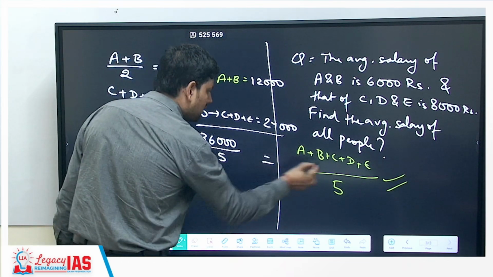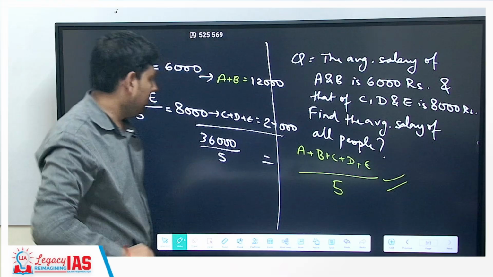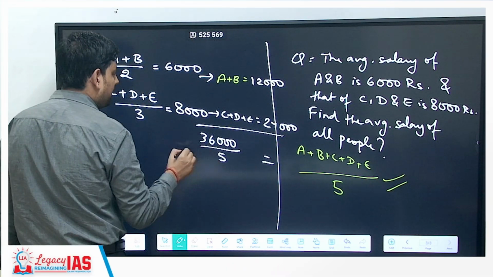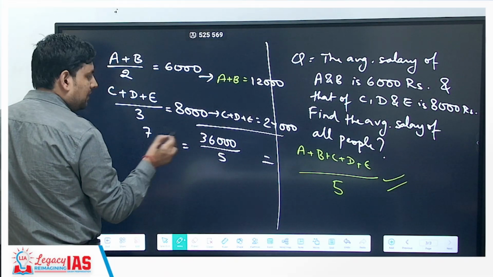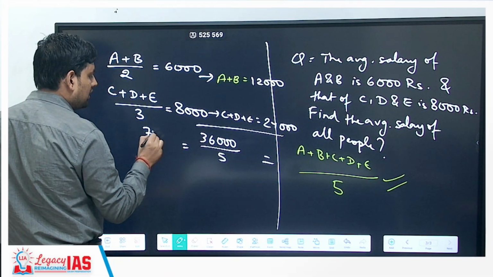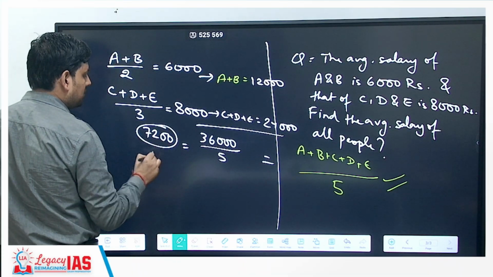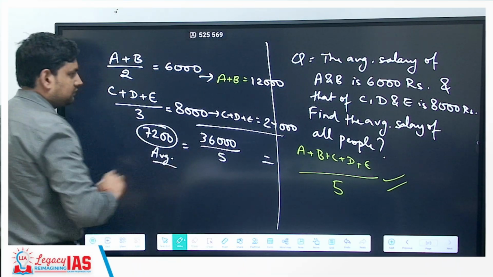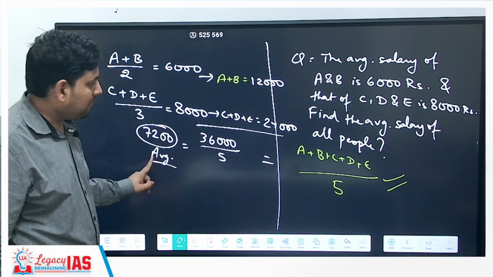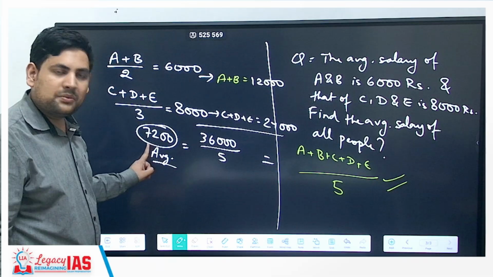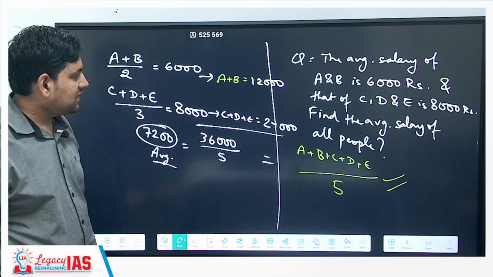Clearly, you're adding both, you're getting this divided by 5. Now, 36,000 divided by 5 will be what? It will go 7 times and 1 will remain with 10, it will go 2 times and then double 0. So this becomes your average. Correct? So the average salary of all of them together is 7,200. Understood? This is the basic way.